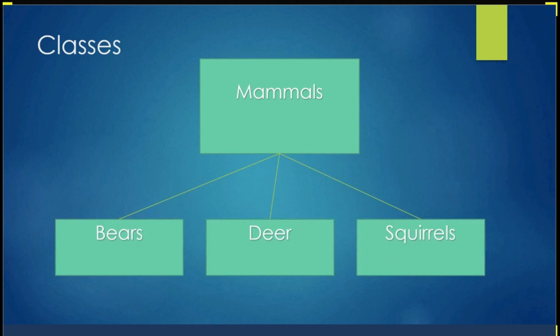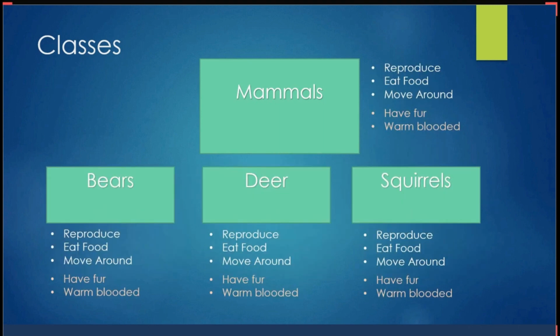Now, mammal inherits reproducing and eating as standard characteristics from within the animal class, and therefore bears, deers, and squirrels will also inherit those characteristics of the mammal. Mammals, however, are unique in the way that they have fur and they are warm blooded, but because bears and deer and squirrels are mammals, they too can inherit these traits.